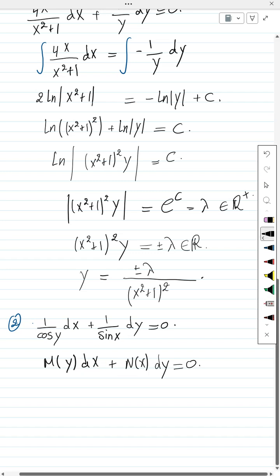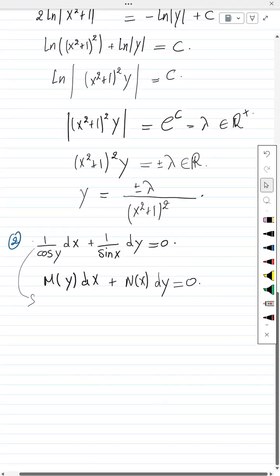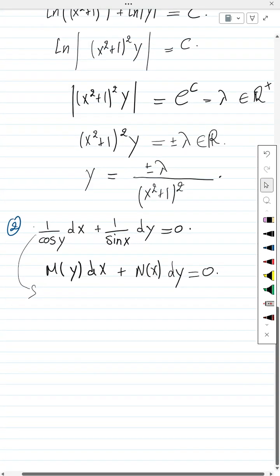So we just need to divide, or just multiply by cosine y and sine x, and we will get sine x dx plus cosine y dy is equal to 0.